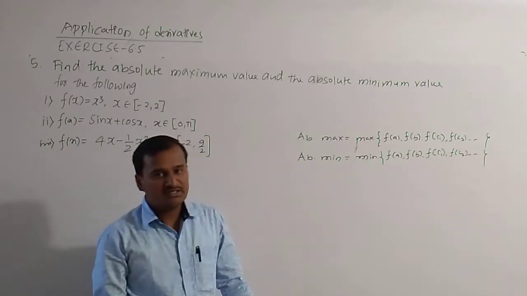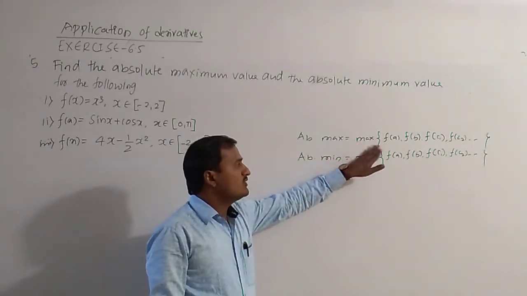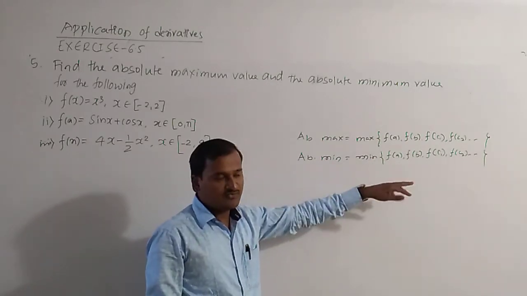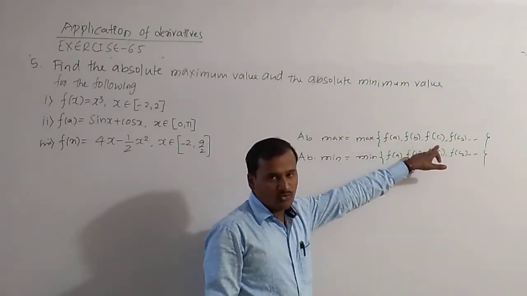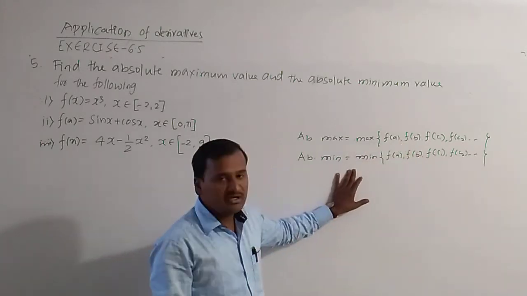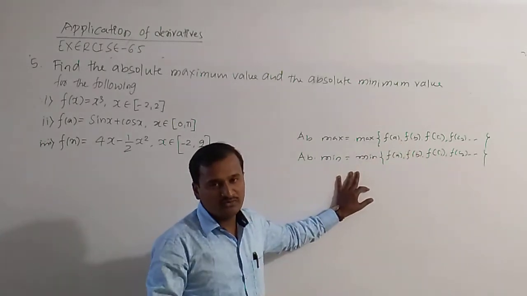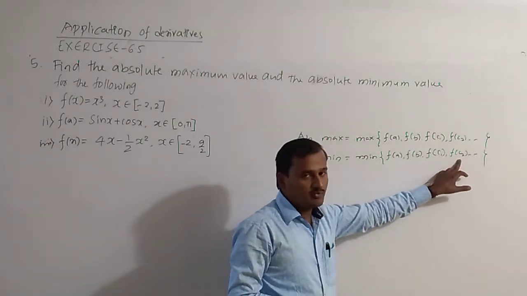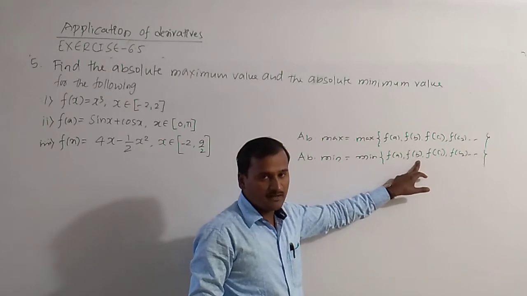Absolute maxima means the maximum value of all the functional values of a given function at the critical points, including the end points. Right? And absolute minima means the least value of the function at each critical point, also including the end points.